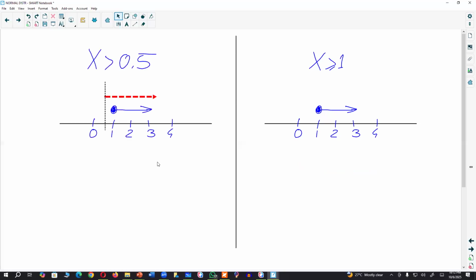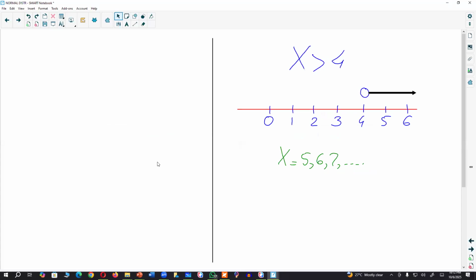Now, when you shift it to normal, you have to make sure that the value is either equal or greater than 1. So you make it 0.5 backward. Correction is always 0.5 plus or 0.5 minus. So you make it 0.5 backward, and it becomes x is greater than 0.5. Another continuity correction: x is greater than 4.